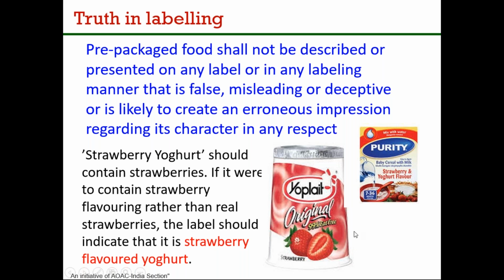However, if it contained only strawberry flavor, the use of this picture would be misleading. So there must be truth in labeling. Whereas with this baby cereal with milk, it clearly says it has strawberry and yogurt flavor, but it does not have the picture of strawberry.